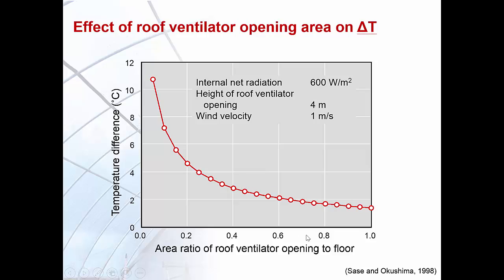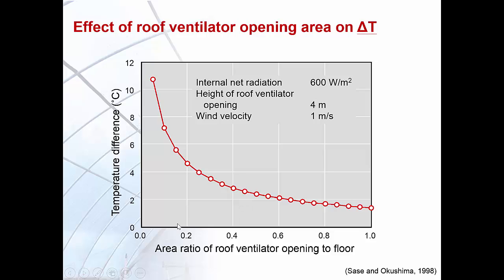Here we need to make a decision when we are designing and installing roof vents on naturally ventilated greenhouses. Increasing the area ratio of roof ventilator opening to floor area does not significantly affect the temperature rise or the temperature difference between inside and outside the greenhouse. So a cost factor must be considered and a proper ratio must be selected.